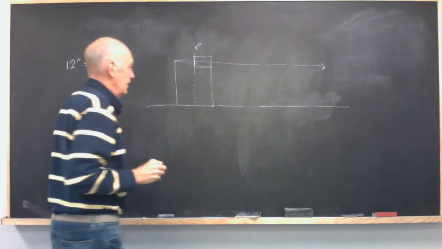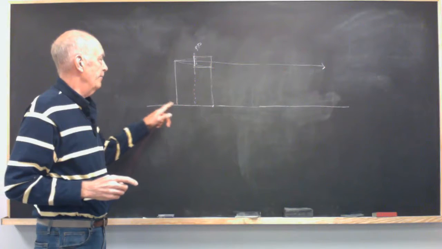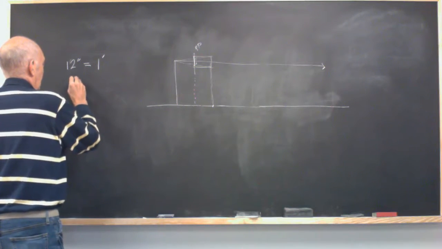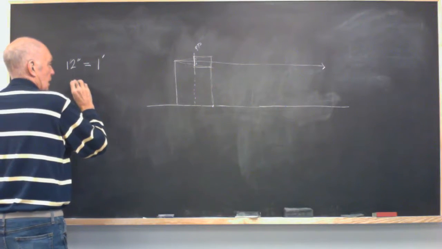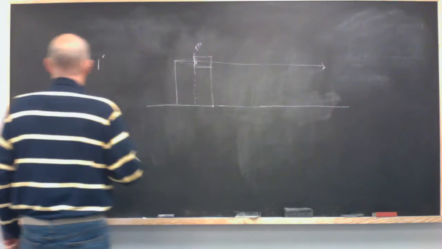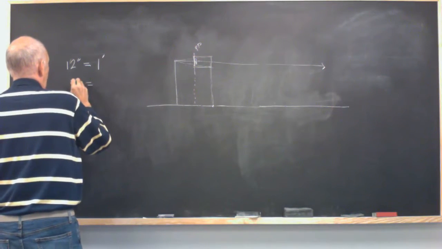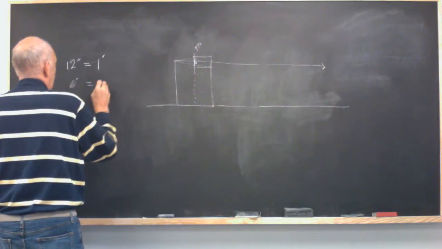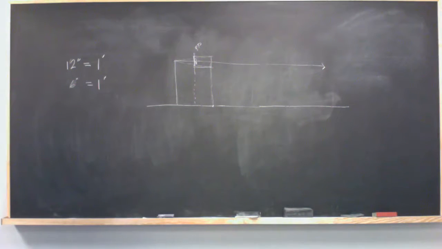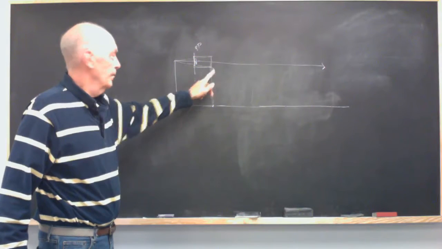What happens is, whenever you double the distance away from you, you halve the length. So at that distance, that ruler would look like it's 6 inches.